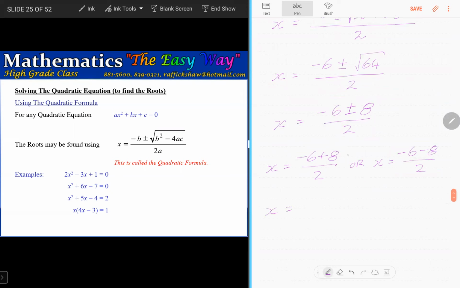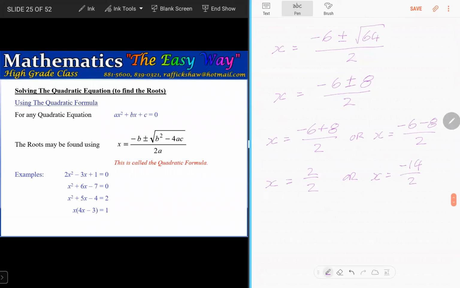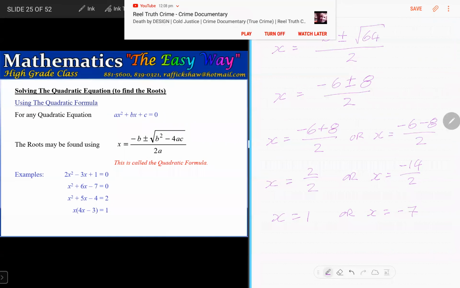So x equals, this is the same as 8 minus 6, which is 2. So you get 2 over 2. Or x equals minus 6 and minus 8, that's minus 14, so you get minus 14 over 2. And so one root is 1, and the other root is minus 7.